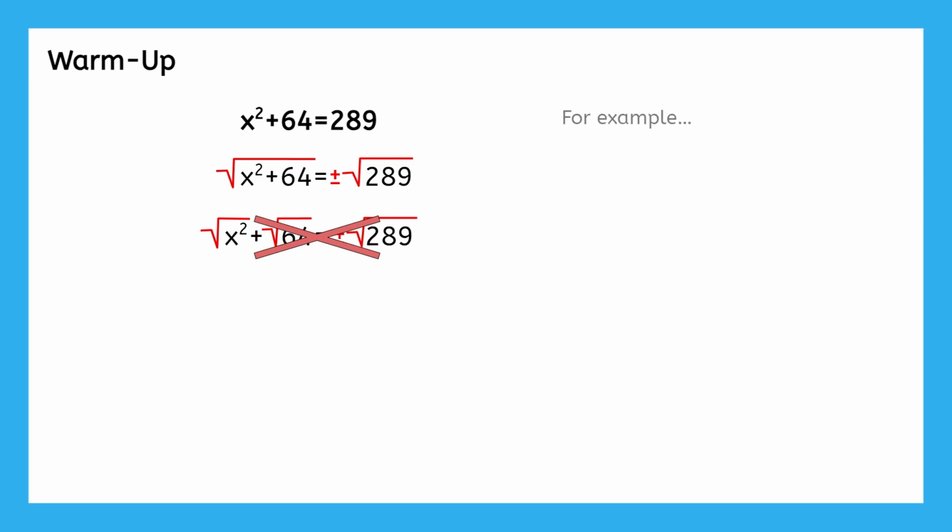A good example that reminds me why we can't do that is the square root of 9 plus 16. Due to the order of operations, I first need to add 9 and 16, which gives me 25. All in all, that's just 5. But if I were to distribute the square root and make it square root of 9 plus the square root of 16, that would be equal to 3 plus 4, which is 7.